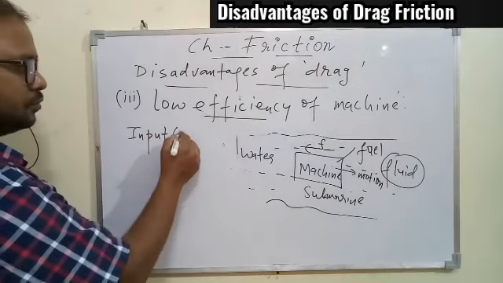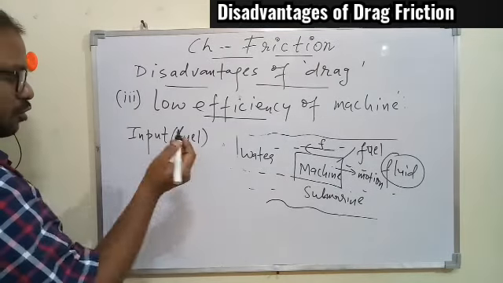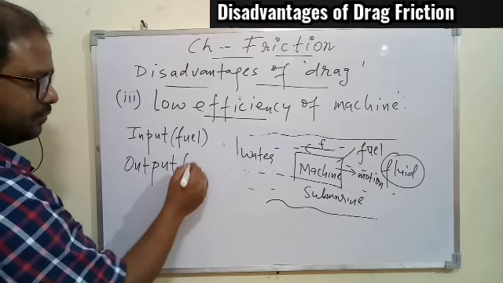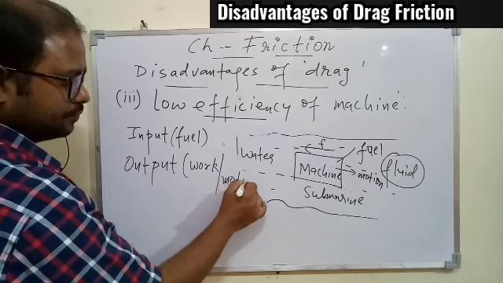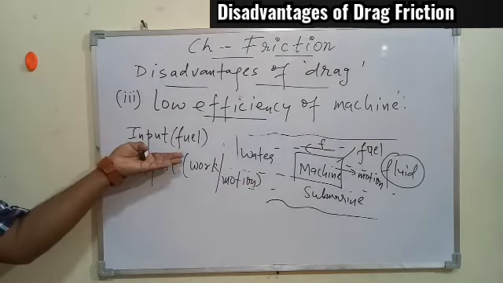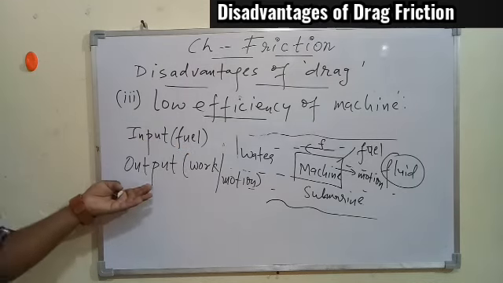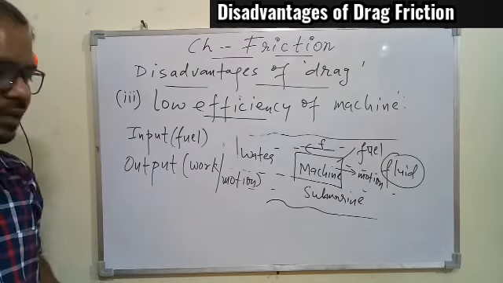Input is the fuel which is utilized by the machine, and it will give some output also. Output is the work done, or we can say motion. So overall any machine has the input that it will consume the fuel or the energy, and it will give some output, means it will do some work, it will move in a particular direction.